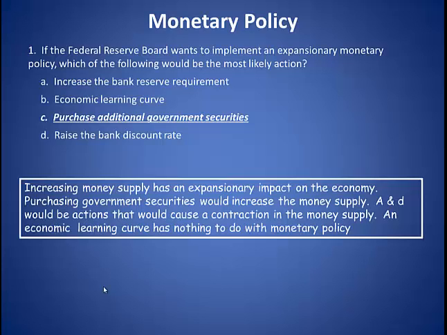And an economic learning curve, B, has nothing to do with monetary policy. As you remember, the major way the Federal Reserve increases money supply is through open market operations. And again, increasing the money supply is an expansionary monetary type of action.